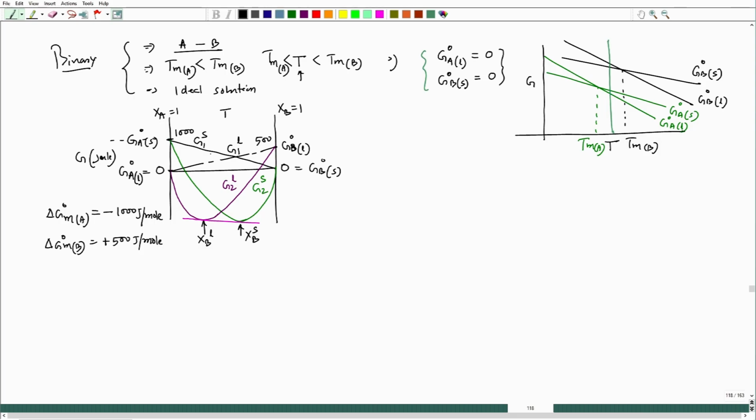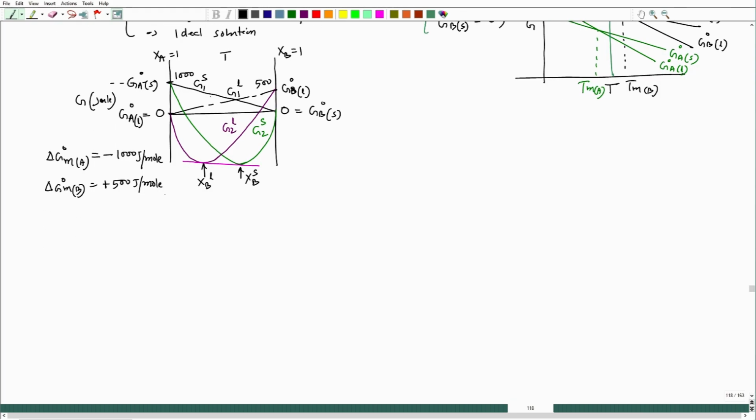So, if we try to do that, what we will do? We will place things exactly as per these differences. So, this is 0.